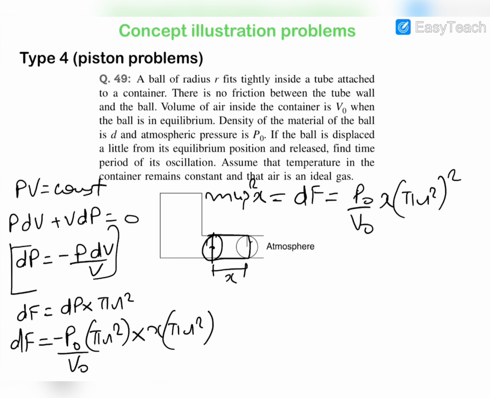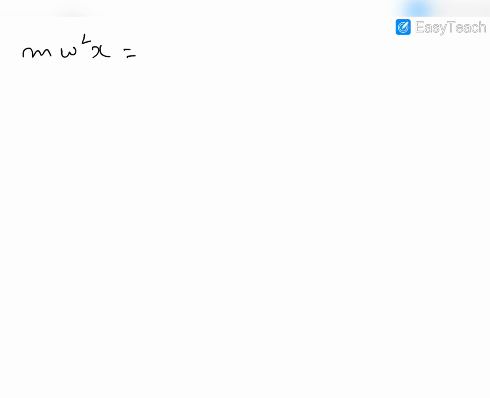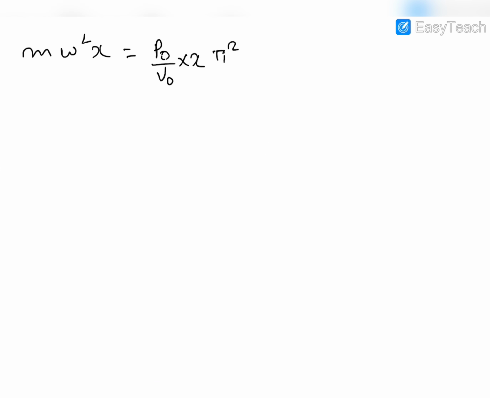Now let us use the next page. So m omega square x will be equal to P0 by V0 into x into pi square r to the power 4.